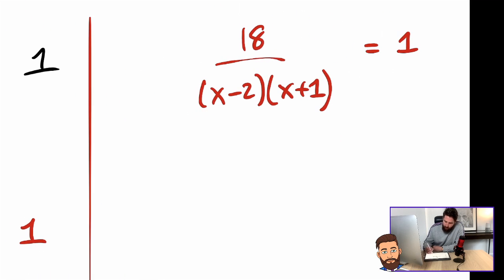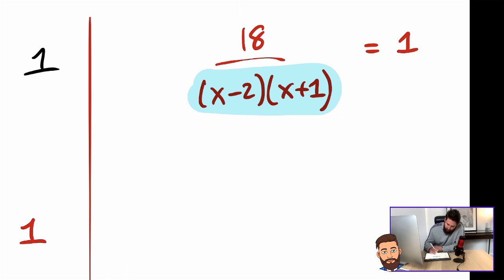So how do I go from here? Well, I've got a denominator with loads of x's that need to be expanded out. So the first thing I'm going to do is times this denominator up here, like we would normally. If that was just a number on the bottom, we would just times it up. Okay, so we're going to times that up.